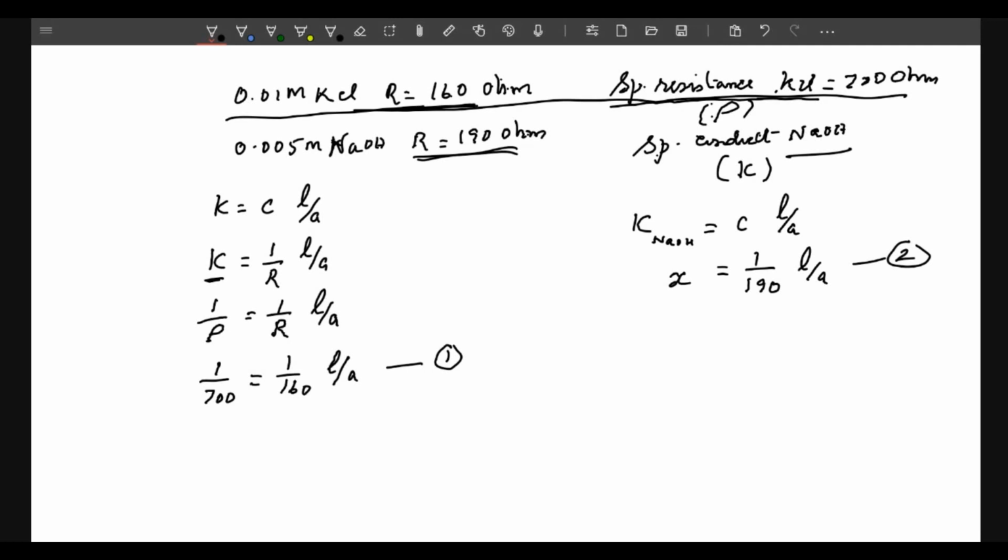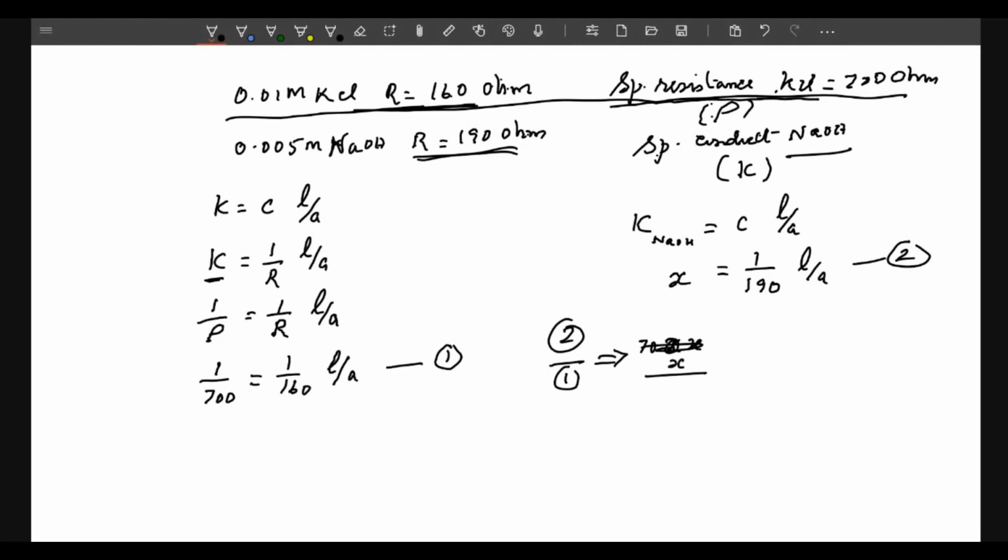Now you can divide equation 2 by 1. You will be having X divided by 1 by 700, which is becoming 700X. I think you follow this.